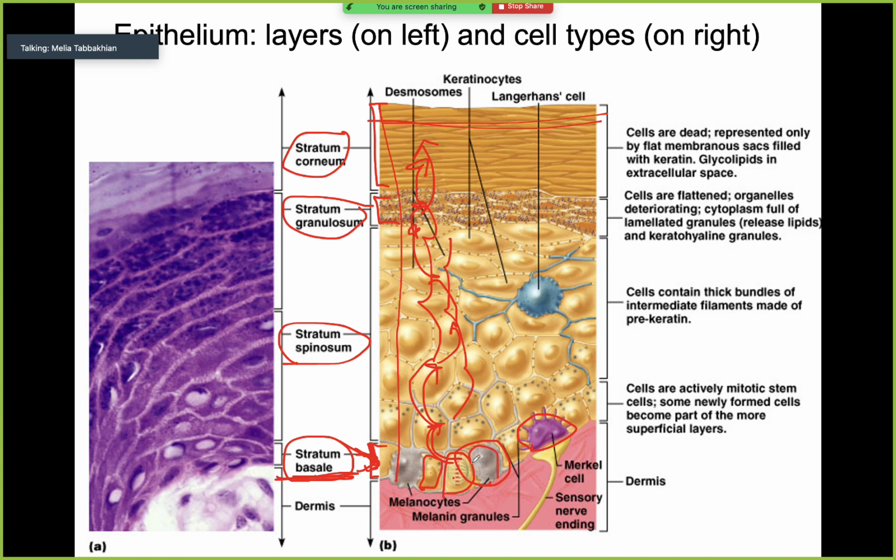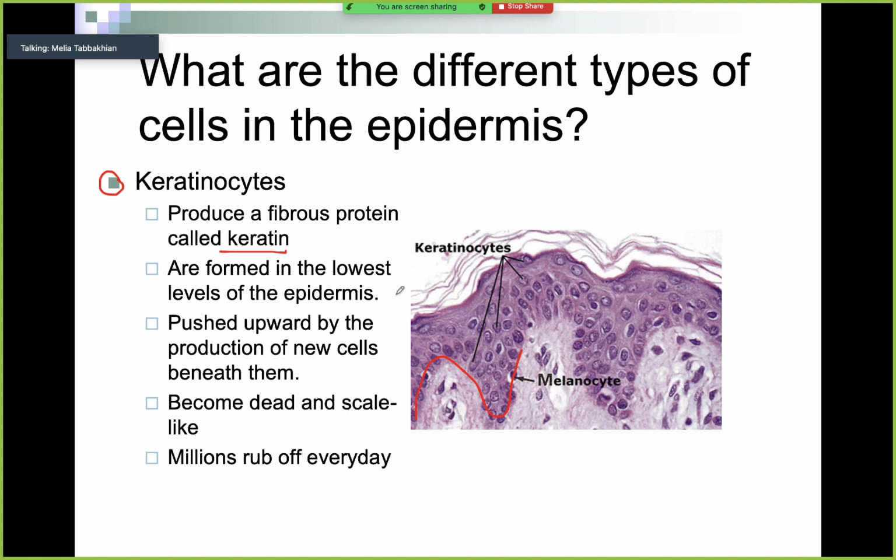The melanocytes stay down here, and the Merkel cells stay down there. The blue one here is your Langerhans cell. That's your immune system cell. So keep this visual in your head as we're going through these cell types. So keratinocytes are found in the stratum basale, and they start pushing up, up, up until they become dead skin cells. You'll rub 1 million of them off every day.